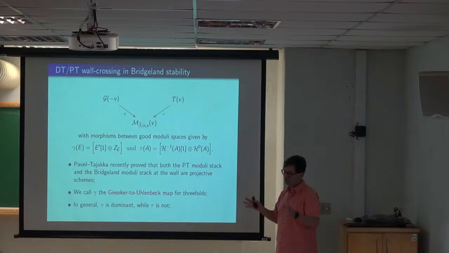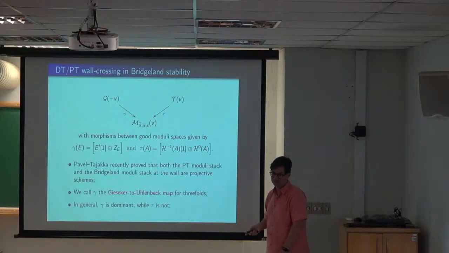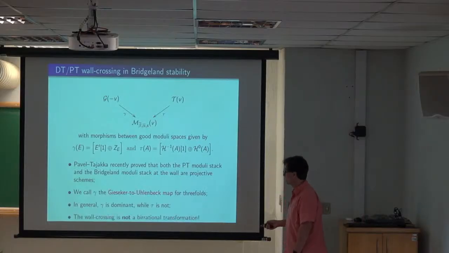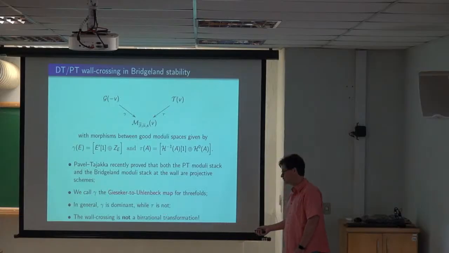So dominant means that the image is a Zariski open subset. And this tau here, in general, is not dominant. So in particular, these two things can have different dimensions, and will have different dimensions in several examples. So it's not a birational transformation. It completely changes the moduli space.